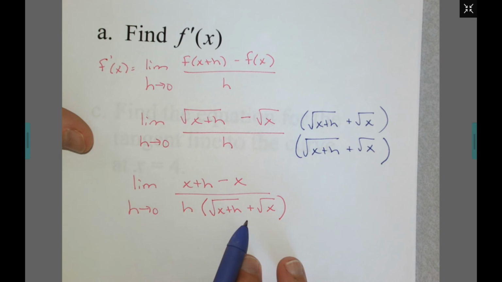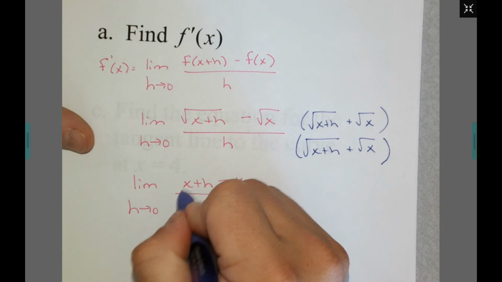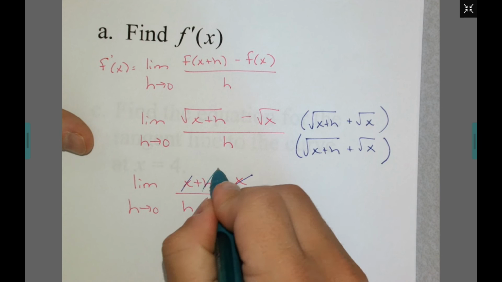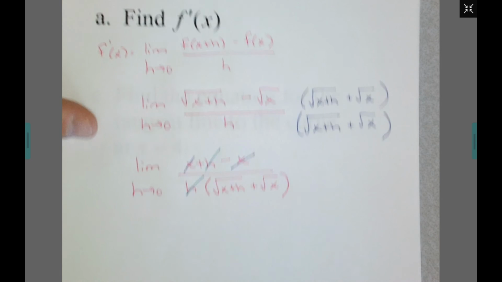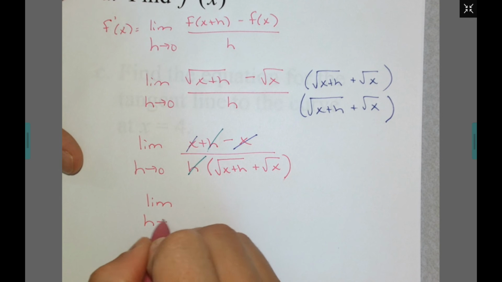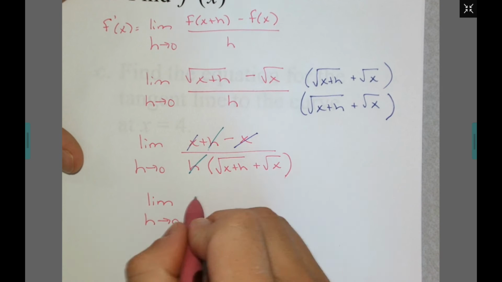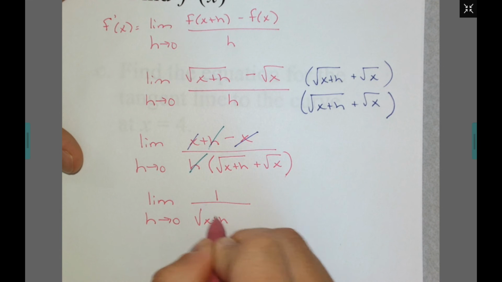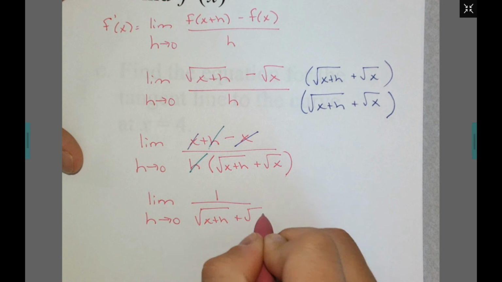If I were to multiply it, I would just have to factor it out in my next step. At this point, x is reduced out, and then I have an h in the numerator, h in the denominator. Those reduce out, leaving the limit as h goes to 0 of 1 over square root of x plus h plus square root of x.